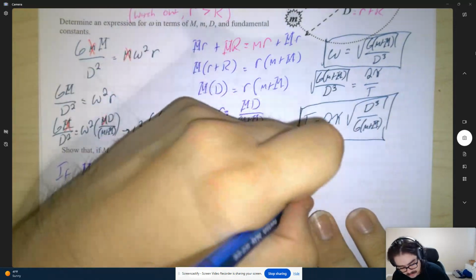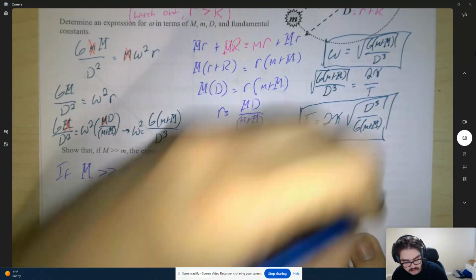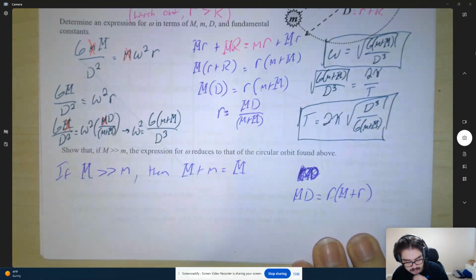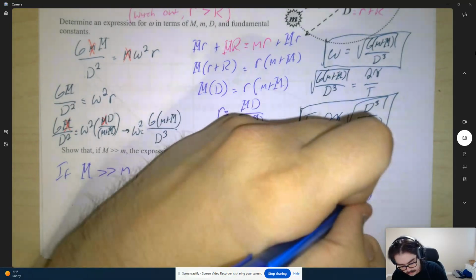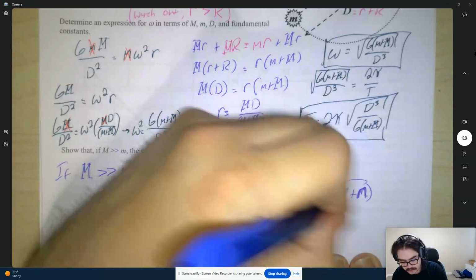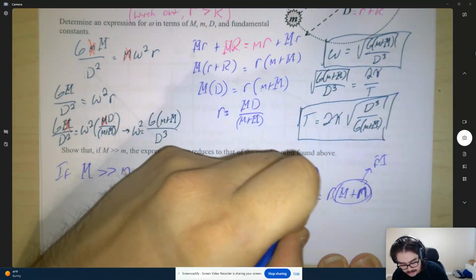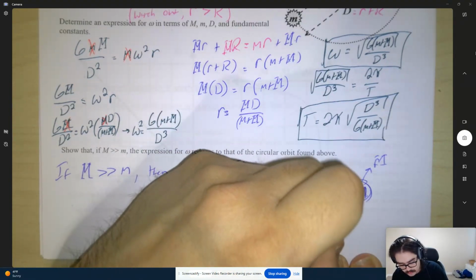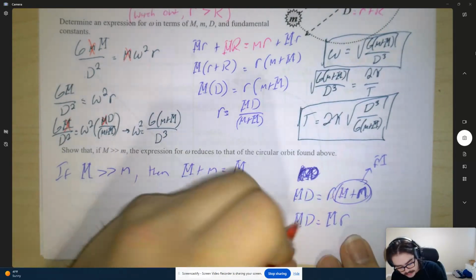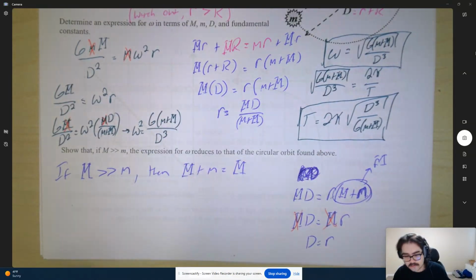Let's just rewrite it: M D equals R big M plus R little m. Now this part just becomes big M, so big M D equals big M R. Then you have an M on both sides, you can cancel those out, and you see that D is equal to R.